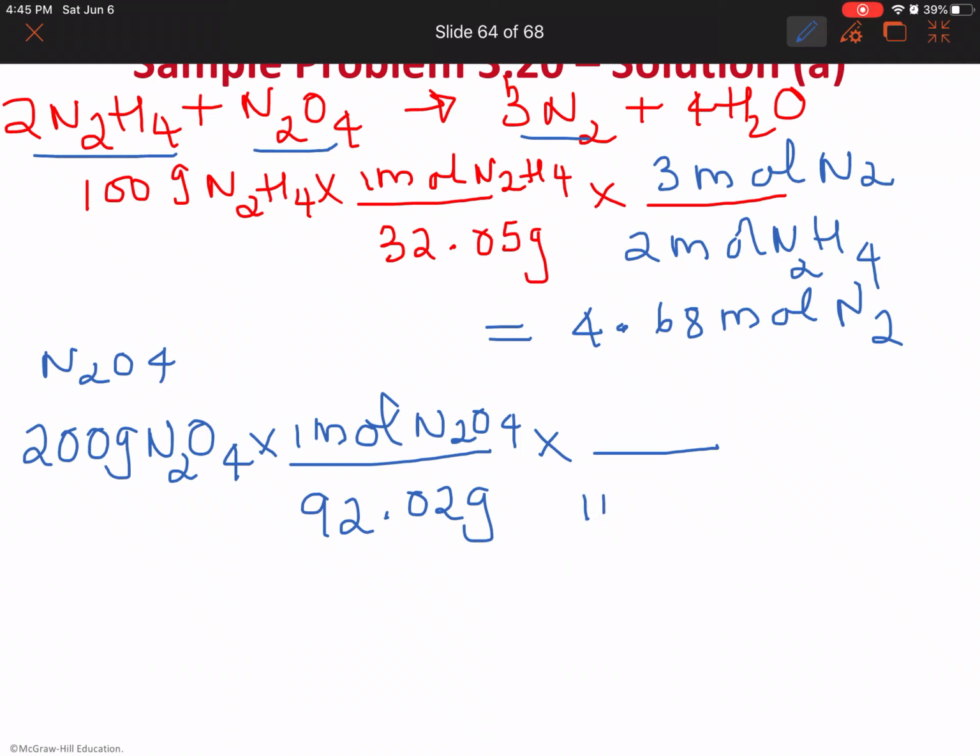Okay, so 1 mole N2O4 gives you 3 moles nitrogen. This will give you the number of moles of nitrogen that can be formed, and that is going to be 6.51 moles.